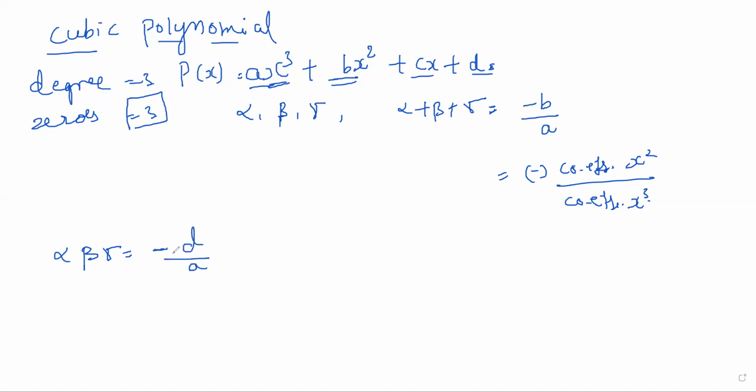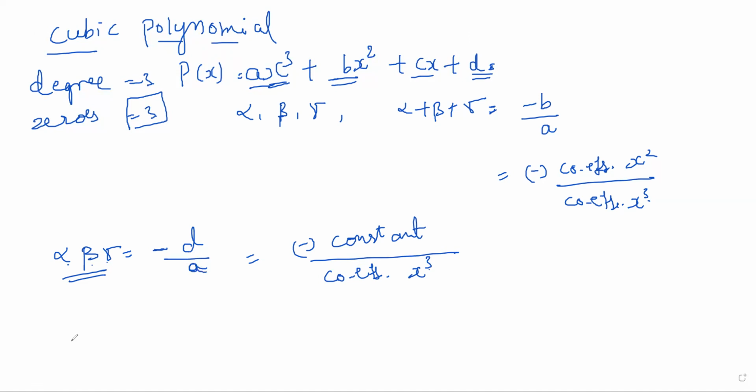In the previous case we were writing c by a, but here we have the constant d, so it is minus d by a. Here d is the constant, and a is the coefficient of x cube.